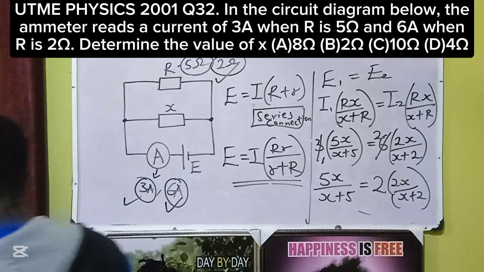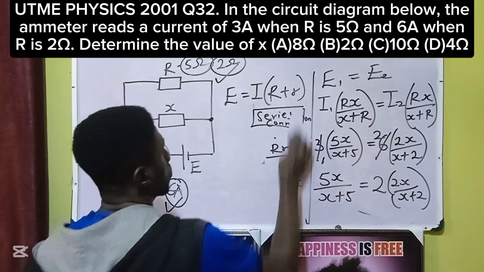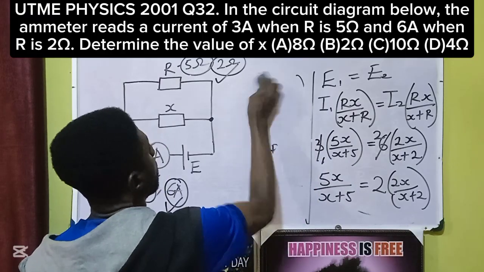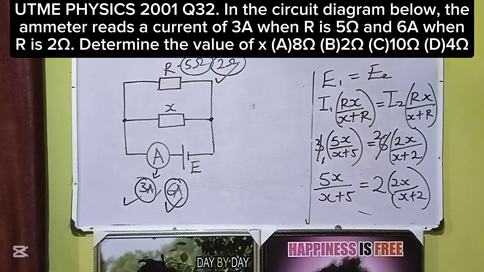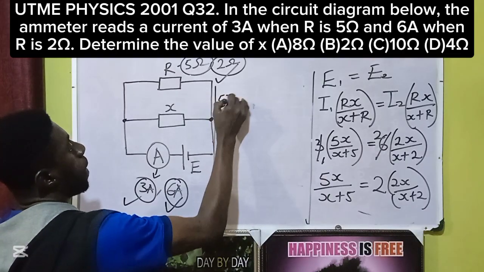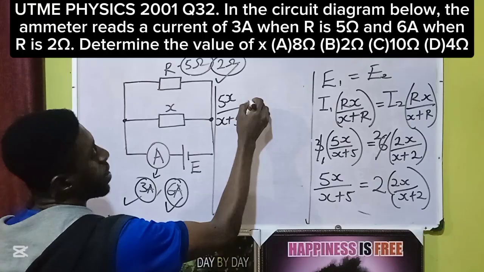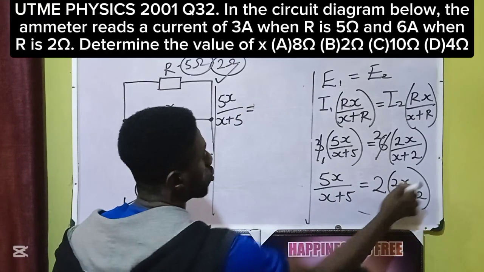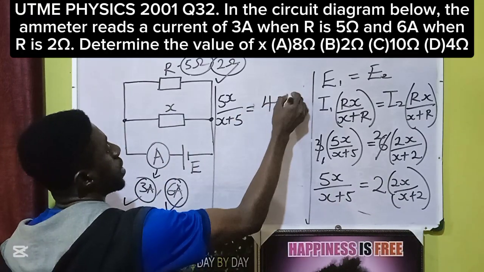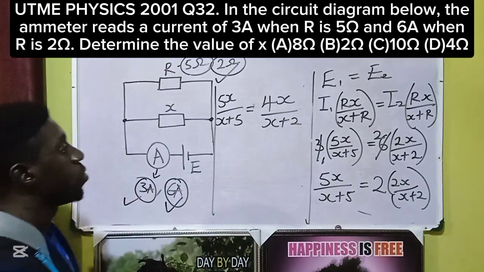Okay, we'll continue. Then we have 5x over x plus 5 is equal to 2 times 2x, which gives us 4x over x plus 2.